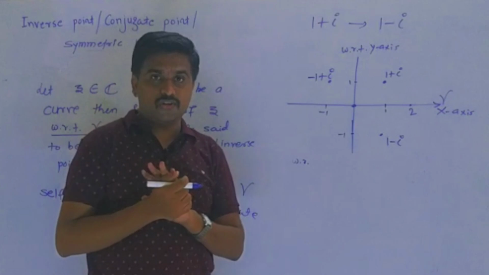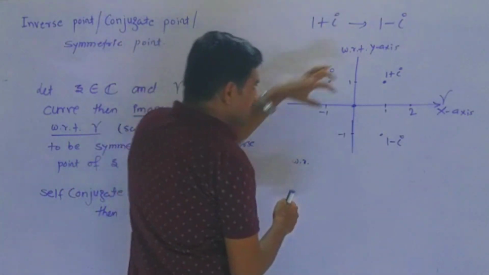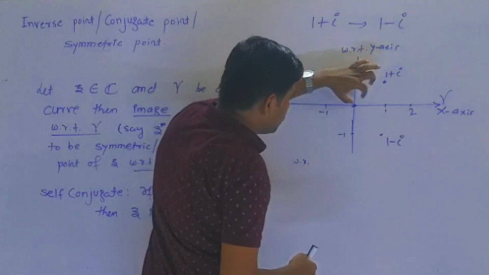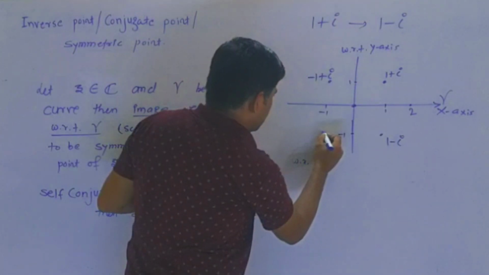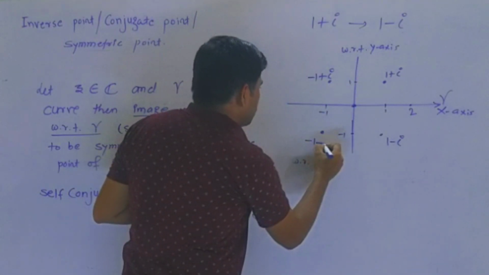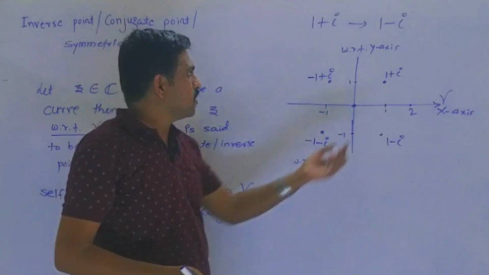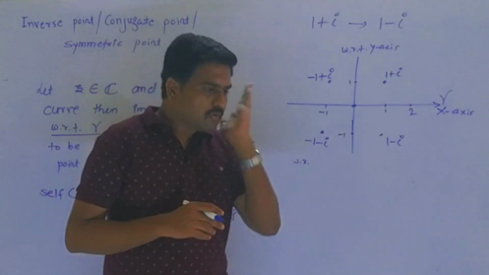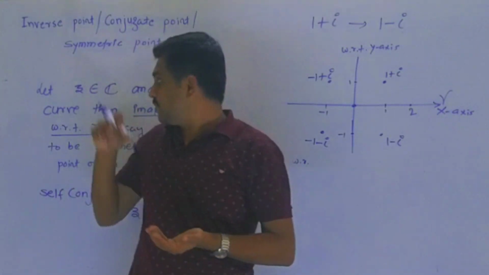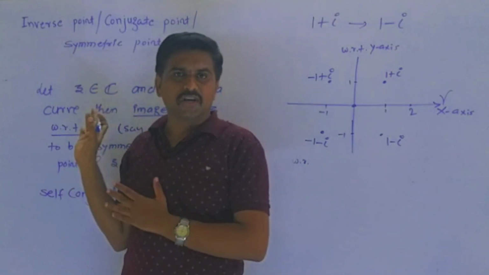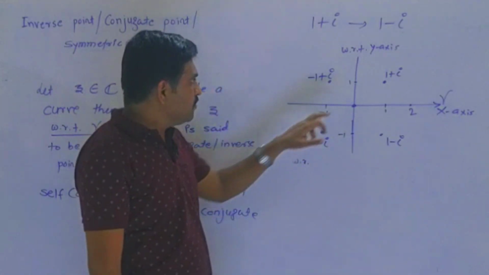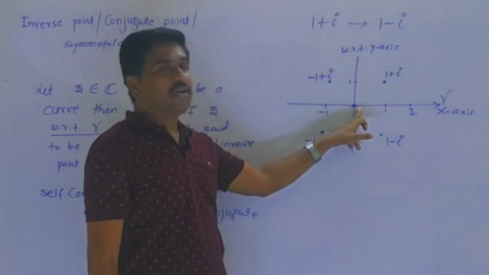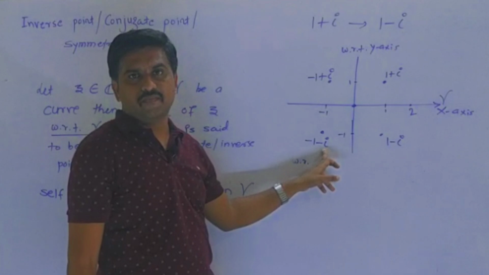With respect to the origin, obviously its symmetric point is like this one, and this one is minus 1 minus i. Now can you believe the conjugate of 1 plus i is minus 1 minus i? But it is true because of the definition of conjugate point, symmetric point, inverse point, right? So the conjugate of 1 plus i with respect to the origin is minus 1 minus i.